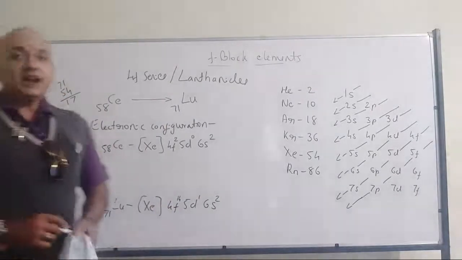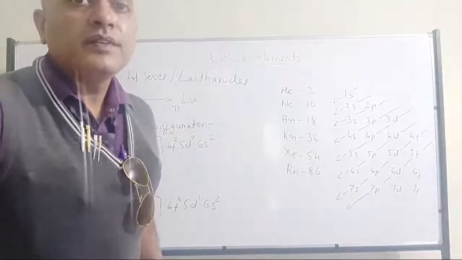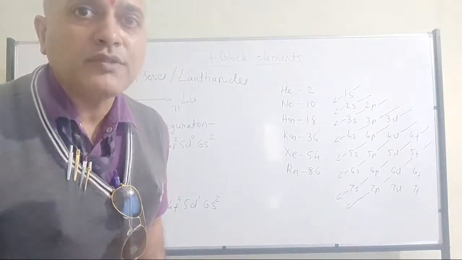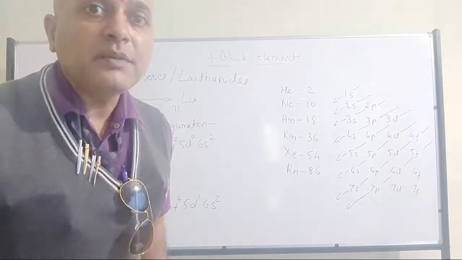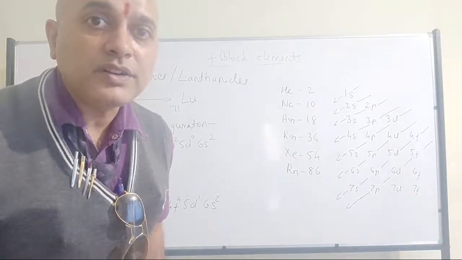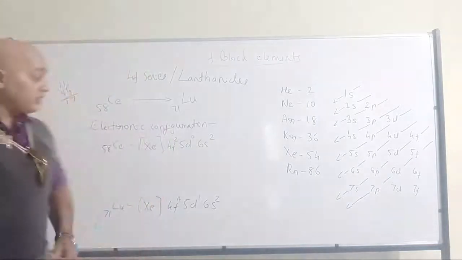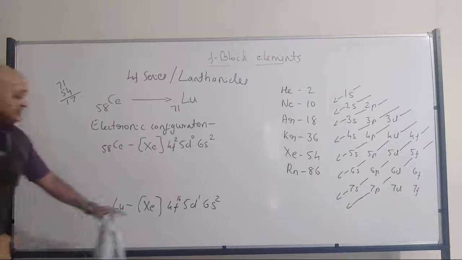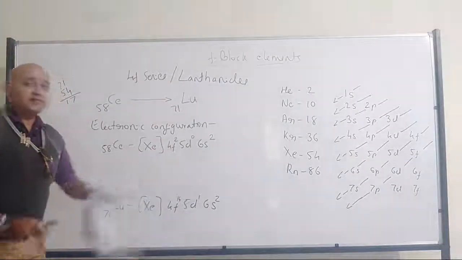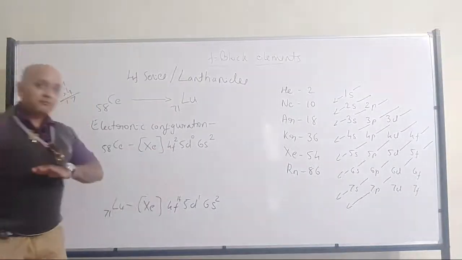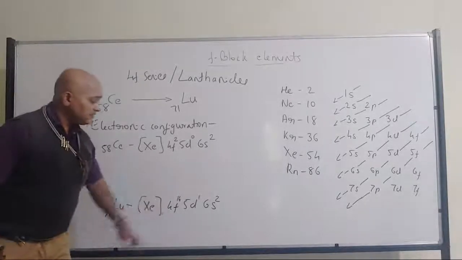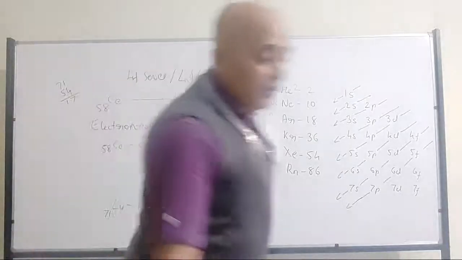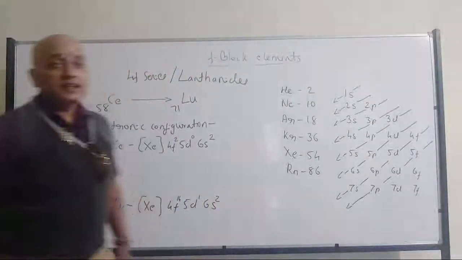So for lutetium, not 4f1, Kirtana, but 4f14. So it will be 4f14, 5d1, 6s2. That means the f subshell got completely filled up, and that's where we have 4f14.